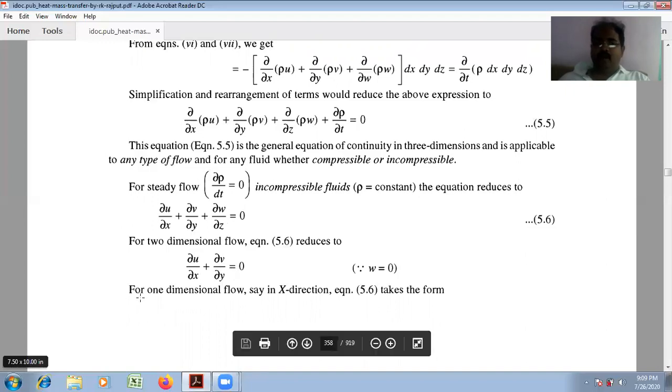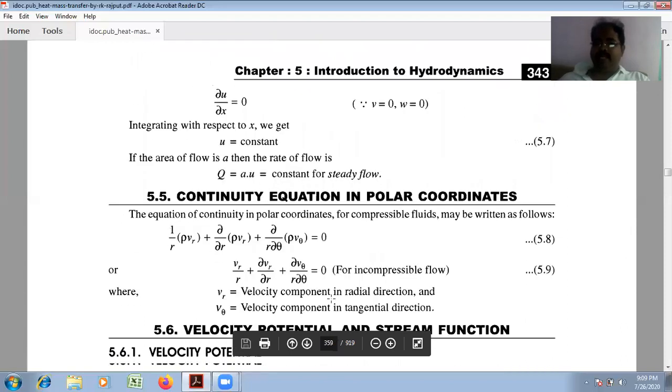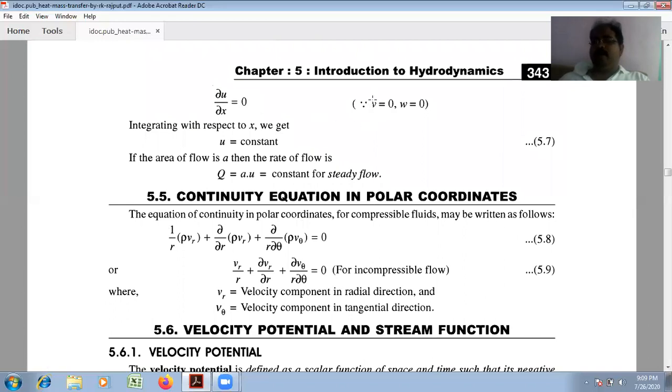And for one-dimensional flow, say in x direction, del u upon del x is equal to 0, meaning the v term is equal to 0 and the w term is equal to 0. So integrating with respect to x, we get u is equal to constant.